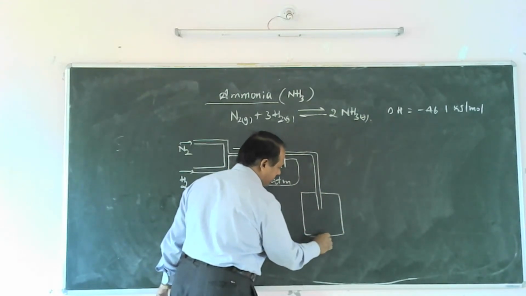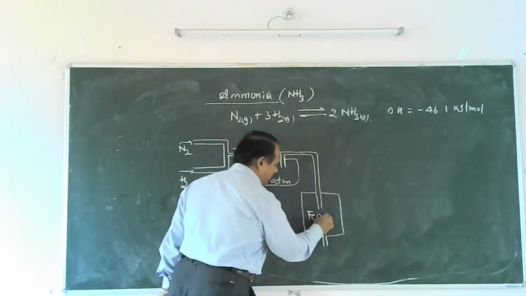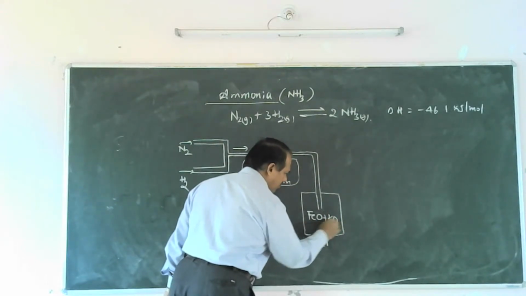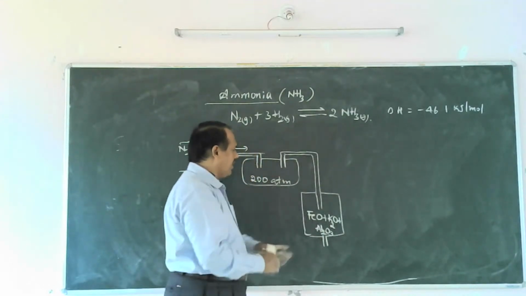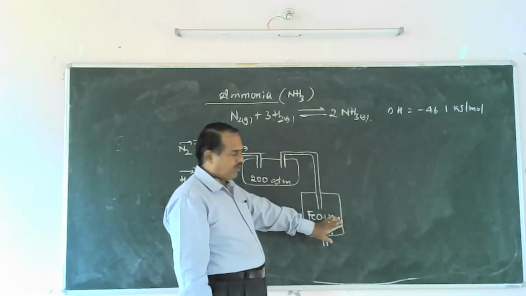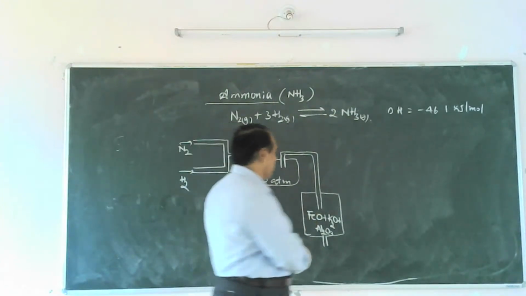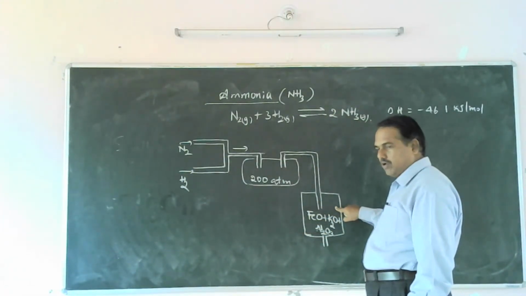So name the catalyst here. The catalyst is FeO along with K2O and Al2O3. So these are promoters, and this is nothing but the catalyst. And this is nothing but a catalytic converter.